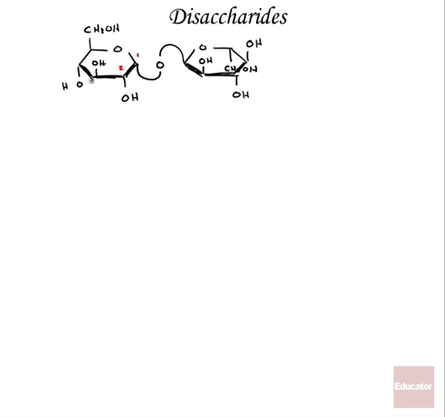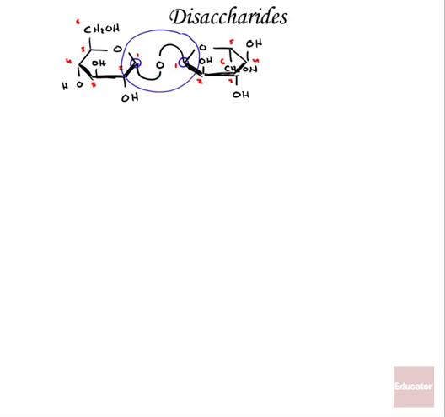1, 2, 3, 4, 5, 6. 1, 2, 3, 4, 5, 6. I flipped it so that I could put these two carbons, the ones that are reacting, in close proximity so that I can represent this glycosidic bond in this fashion.